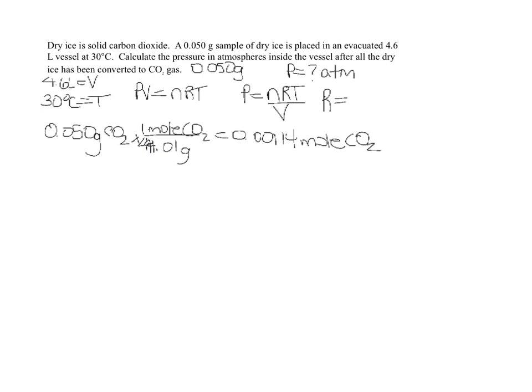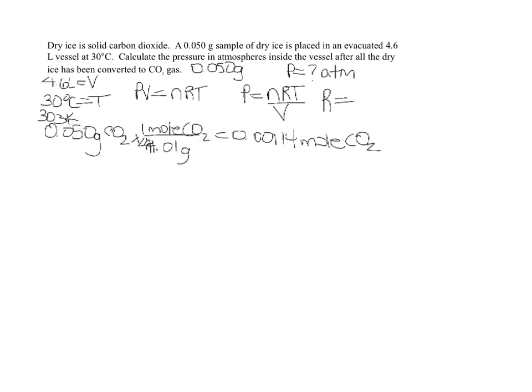It's the pressure unit that changes in R. So we need to convert our temperature into Kelvin. It's a super simple conversion. To get from degrees Celsius to Kelvin, you simply add 273. So 30 plus 273 gives us a new temperature of 303 Kelvin.